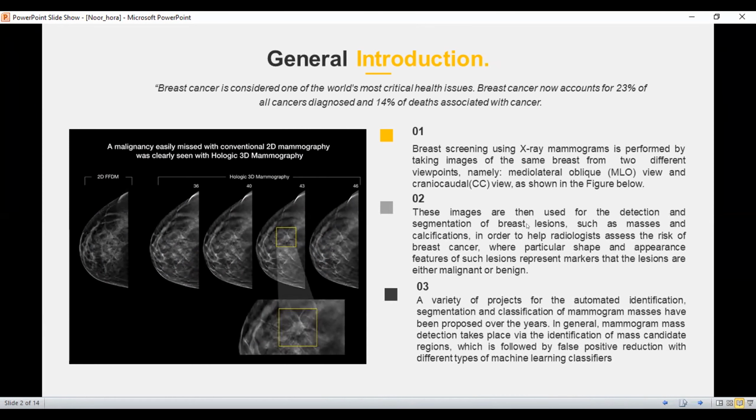These images are used for the detection and segmentation of breast lesions, such as masses and calcification, in order to help radiologists assess the risk of breast cancer, where particular shape and appearance features of such lesions represent markers that the lesions are either malignant or benign.